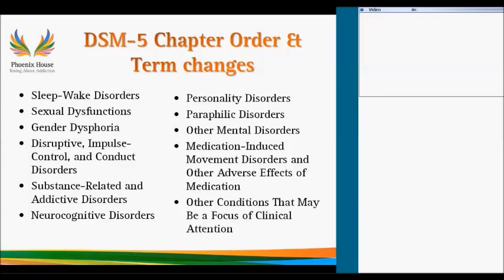The main thing that I can tell you about this chapter is that gambling disorder is no longer considered an impulse control disorder. It has been included in substance-related and addictive disorders, which we'll get into hopefully quite extensively later on today. Neurocognitive, personality, paraphilic, and then, of course, we always have the section of other.